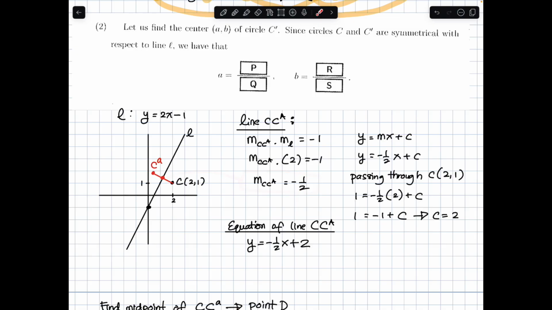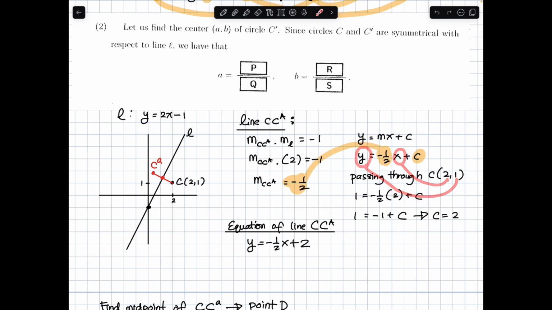To find the equation of this line, I need to find the other value. I already have m is minus half, so I need to find the value of c. I put the value of m in here. In this picture, I already know the CCA line passes through the point (2, 1), so I substitute x with 2 and y with 1.